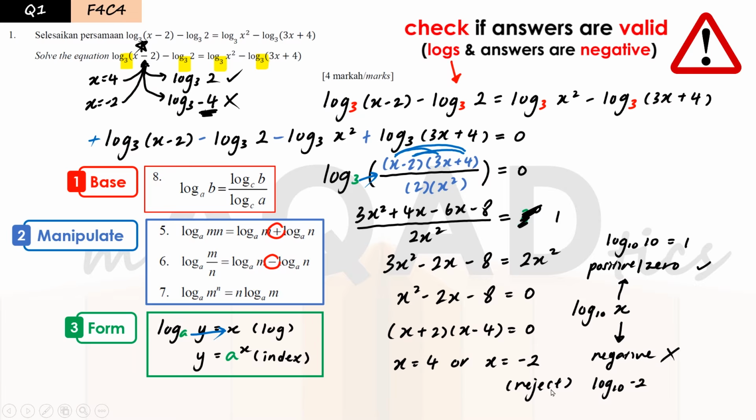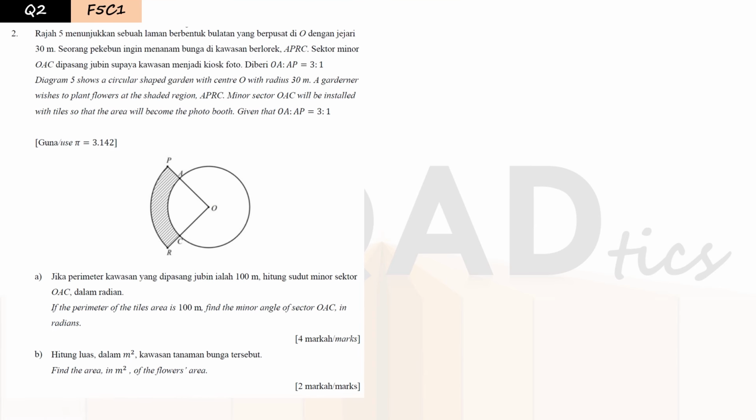That's why we reject. Next question, going into circular measure. In this paragraph, there is a bit of information, so let me explain it through this diagram below. The first information is we have a circular shaped garden, which is this circle with center O, and its radius is 30 meters. Which means the lines OC and OA, which are radii of the circle, are both 30 meters.